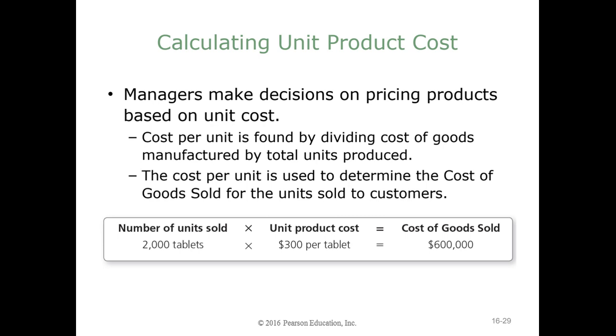The cost per unit is used to determine the cost of goods sold for the units sold to the customers. And so they've given us this little formula here. We have 2,000 tablets that we sold. The unit product cost was $300 per tablet. So our cost of goods sold is $600,000.